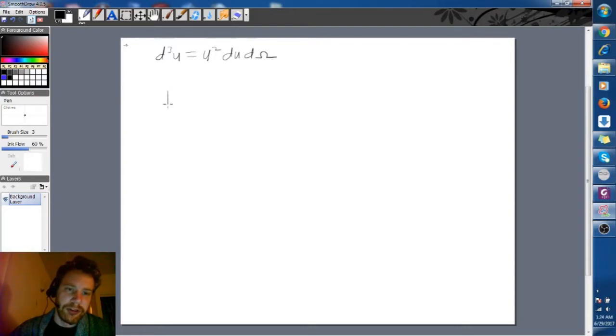So we're expressing this volume here, d cubed u, in terms of u and du and omega. And u here is the sort of the distance away from the origin, wherever that is.